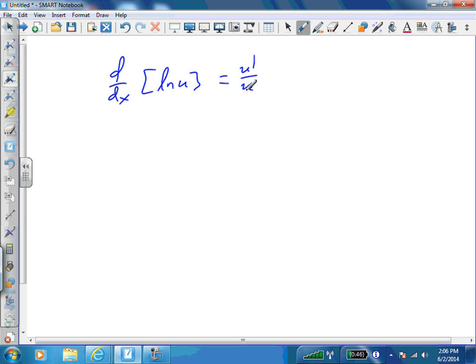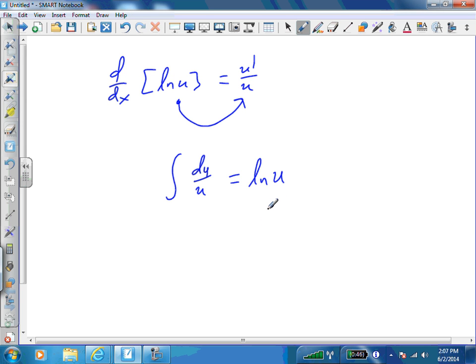So that means that this function is the function that has that as a derivative. So when we integrate, we're looking for what function has this as its derivative. Well, the function that has u prime over u as its derivative is natural log u.